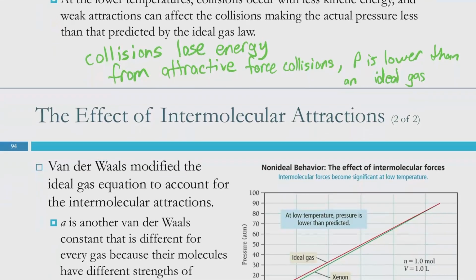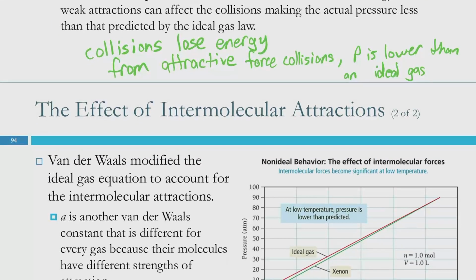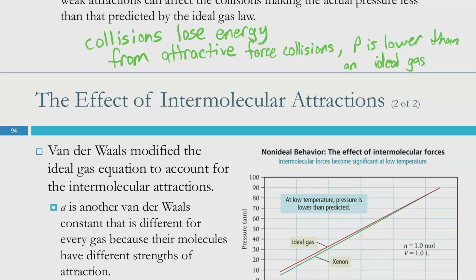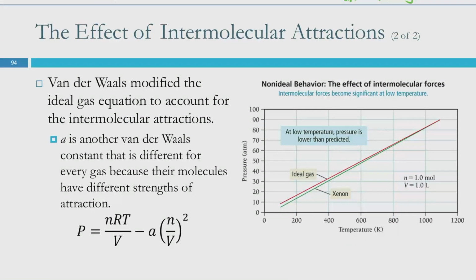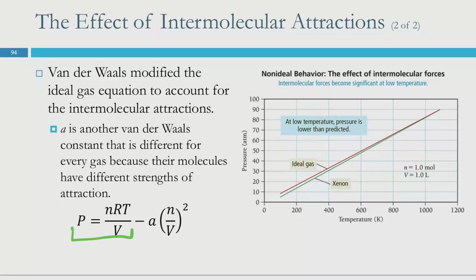And van der Waals also accounted for this. So van der Waals also has an A constant. We saw the B constant on the previous slides. And so we've got now our ideal gas law with P isolated.